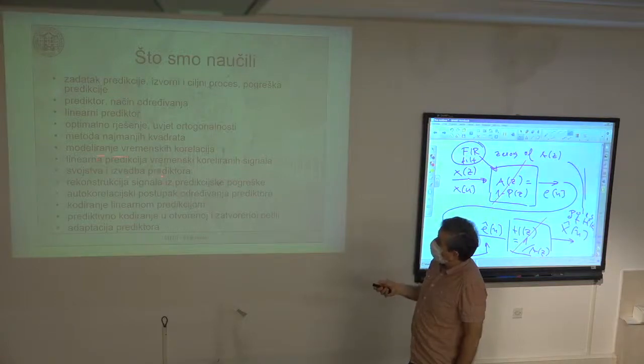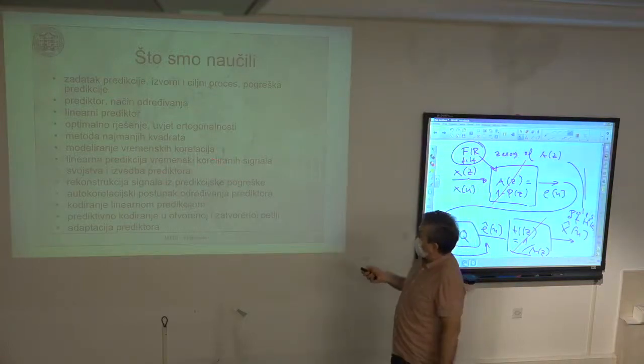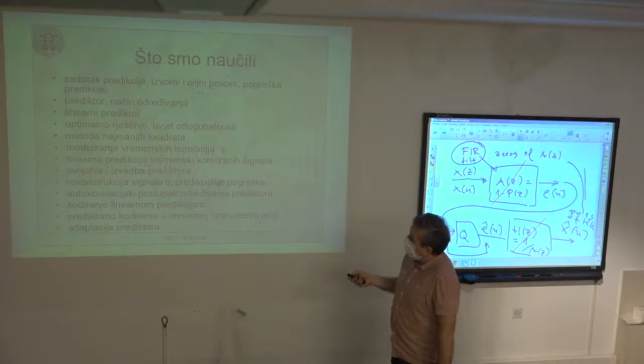Then we have shown that this linear prediction can be applied for the correlated signals, and what are the properties and possible realization of the predictor.